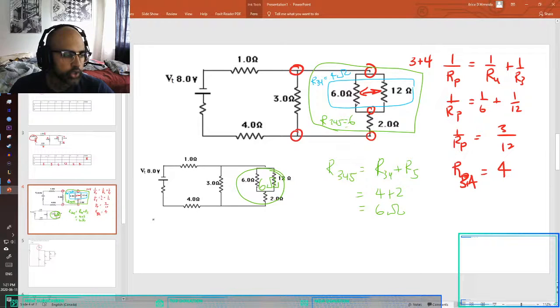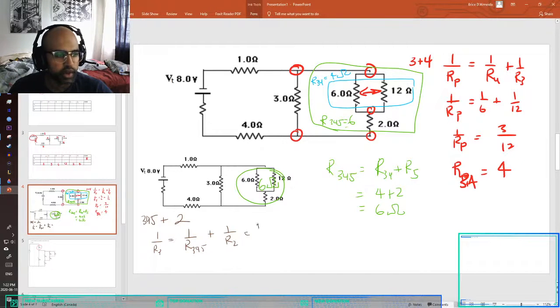So we're going to combine 345 with resistor 2. They're parallel, so 1 over RP is equal to 1 over R345 plus 1 over R2, which is 1 over 6 plus 1 over 3. And these are nice numbers also. 1 over 6 plus 1 over 3 becomes 3 over 6, which is equal to 1/2.